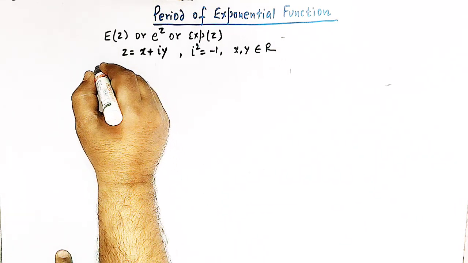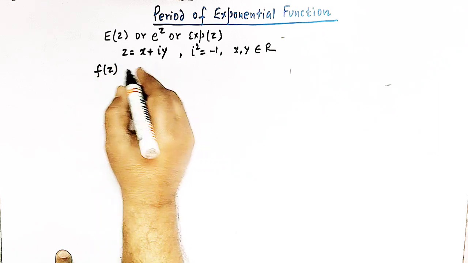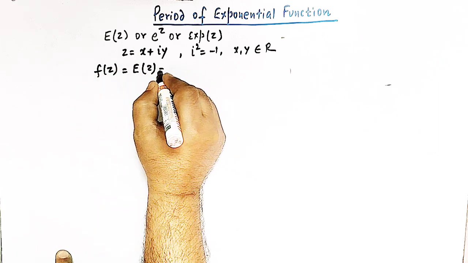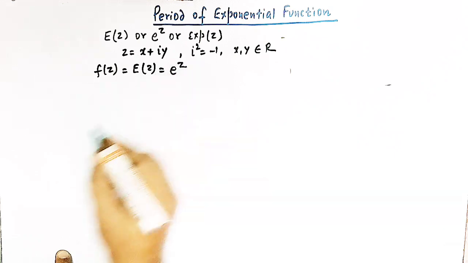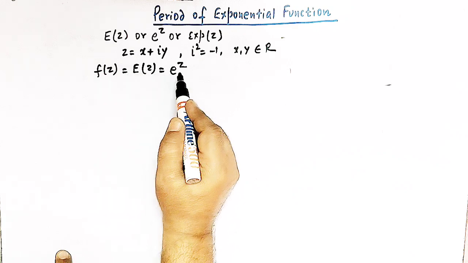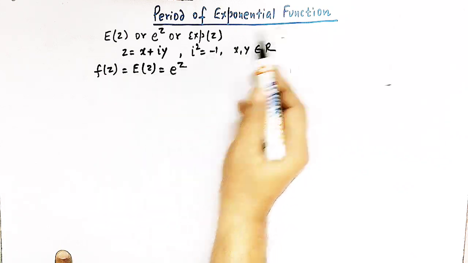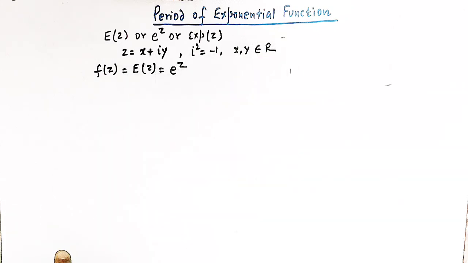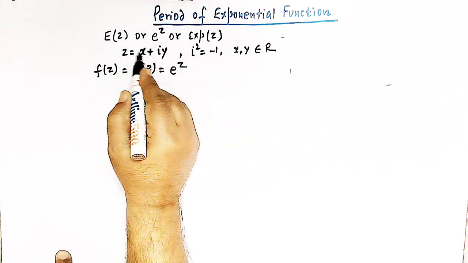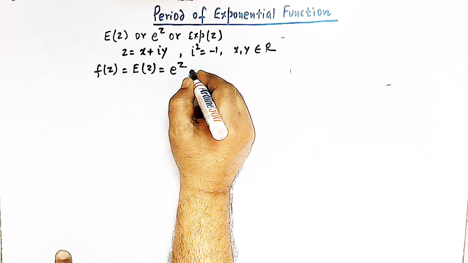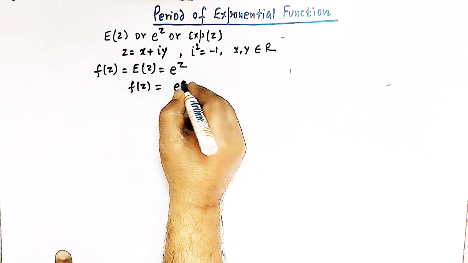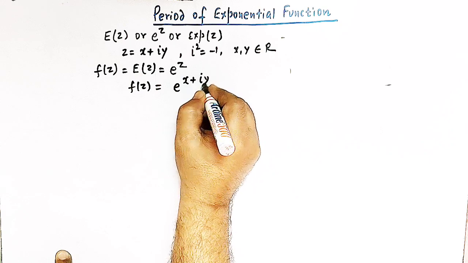So now let us write f of z is equal to capital E of z, that is equal to e raised to z, right? So here f of z is a function of z, which is the complex exponential function, right? Okay, so now let us replace this z by x plus iota y. So here we can now write f of z is equal to e raised to x plus iota y.